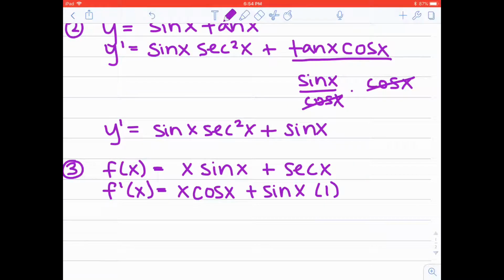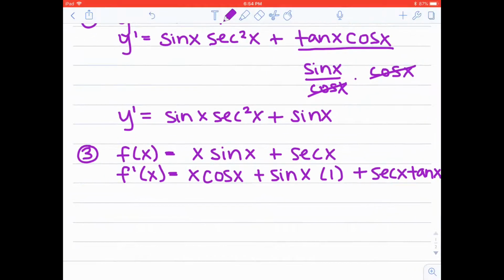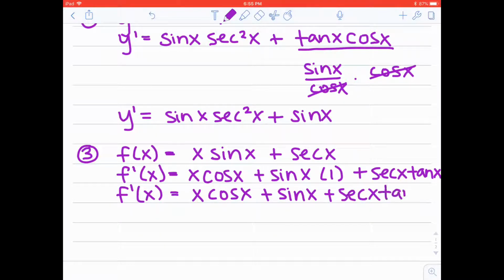And so we've got the derivative of this first part done. Now we just have to do the derivative of secant, and the derivative of secant is secant x tan x. Okay. So final answer, we can't simplify any of that, I don't think. Nope. So our final answer, we're just going to write it without the parentheses and the 1 right there. So I'm just going to say x cos x plus sine x plus secant x tan x, and that's our answer.